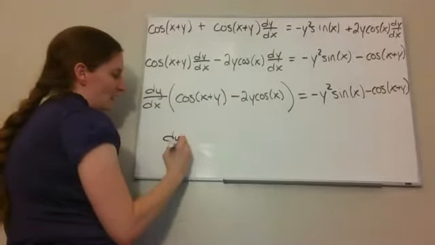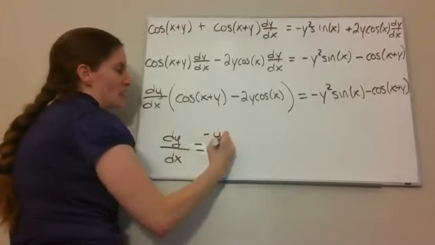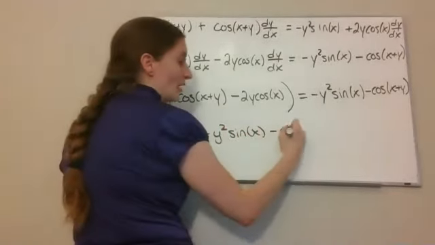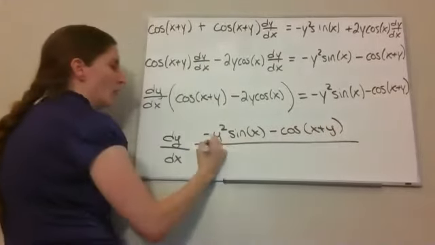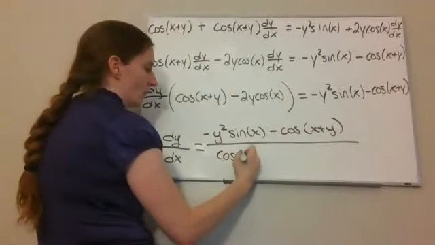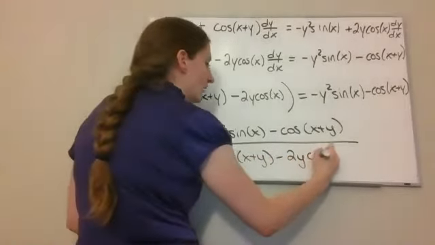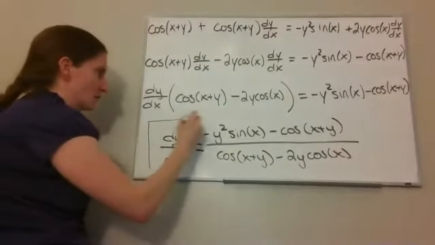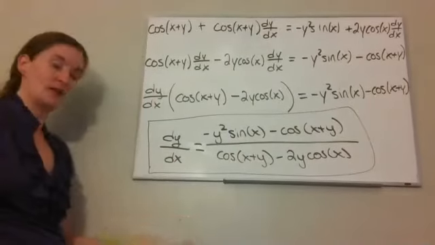And I get dy/dx is equal to negative y squared sine of x minus cosine of (x plus y), all over cosine of (x plus y) minus 2y cosine of x. And that is my derivative.